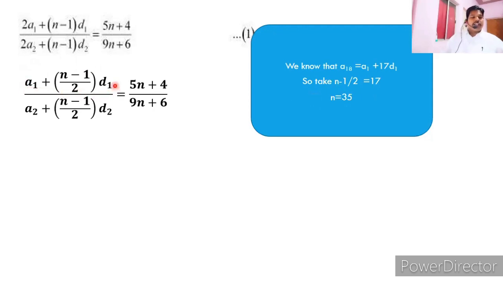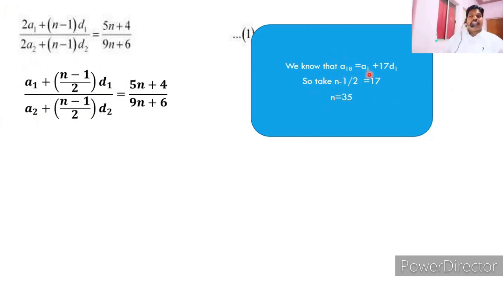Why? Because you have to get the ratio of 18th terms. Similarly, for the denominator also, you have to substitute n is equal to 35. Do you understand, students? Once again, what they are saying is that you have to get the ratio of 18th terms. What is the meaning of the 18th term?